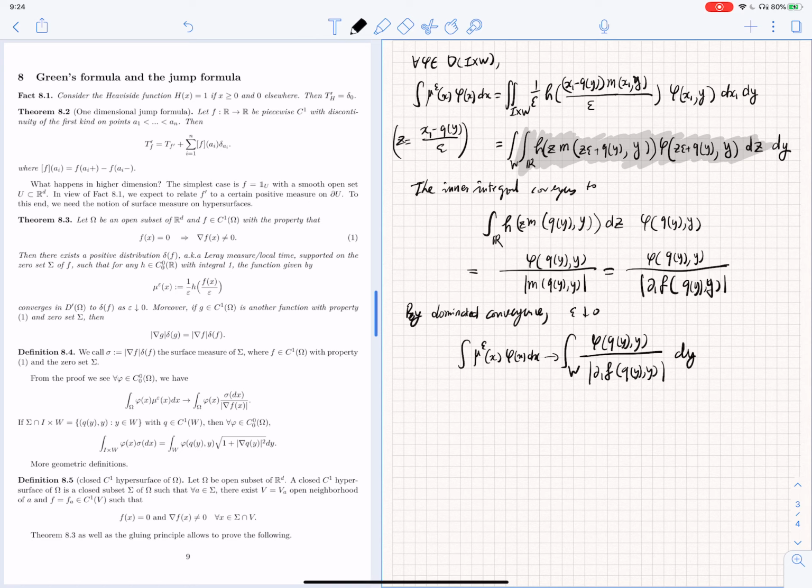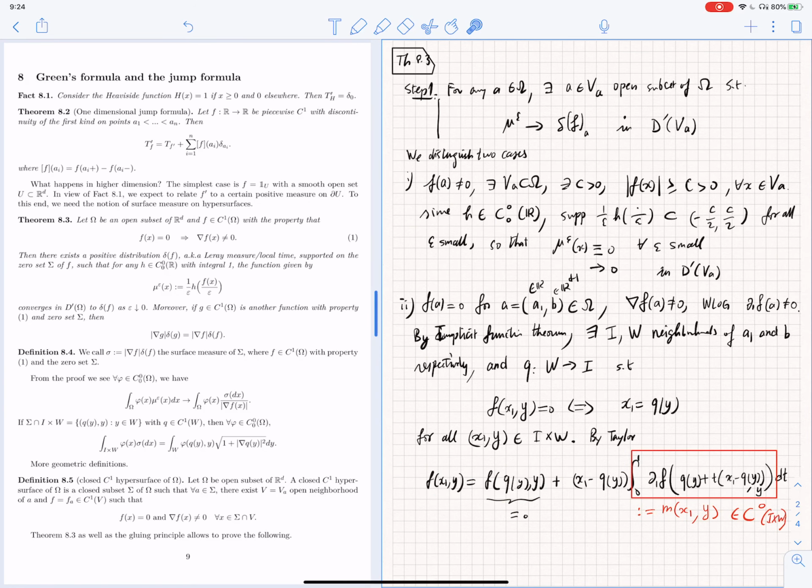So now we can actually write this denominator, this d1f, more explicitly. This kind of depends on the choice of our coordinate, because we say that the function has a non-zero partial derivative.